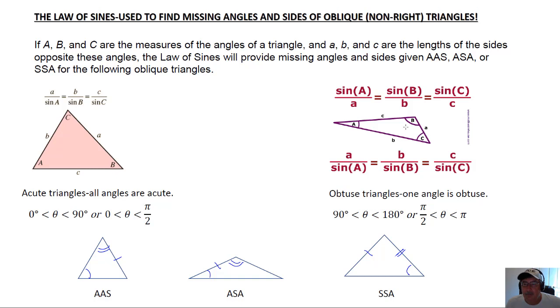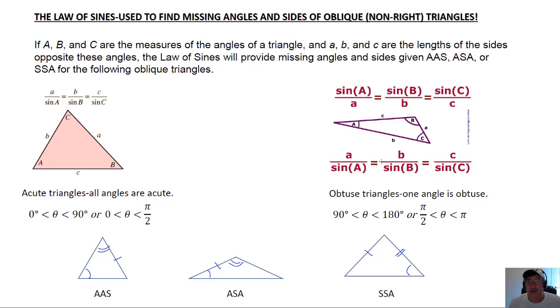Or you might have an obtuse triangle, where angle B is between 90 and 180 degrees, or pi over 2 and pi radians. Obviously you can't have two obtuse angles in a triangle because all three angles of any triangle add up to 180 degrees. If you had two obtuse, it would be real hard to have that triangle.